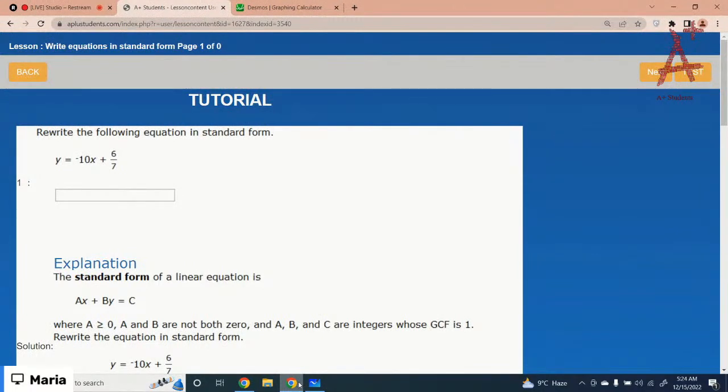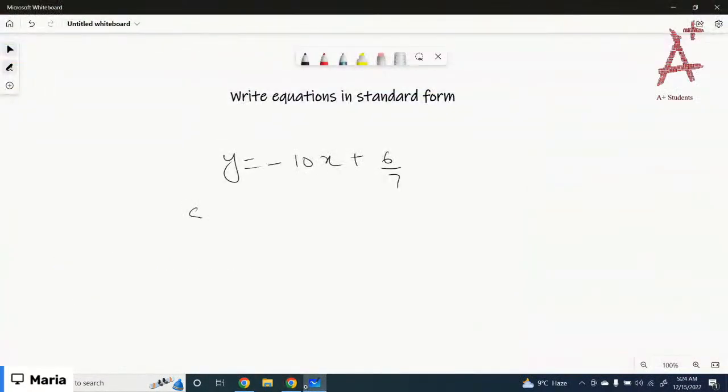We are working on the linear equation. The standard form of the linear equation is ax plus by equals c. You have to write the equation like this. Got it?